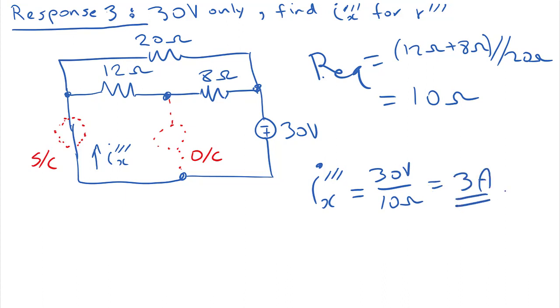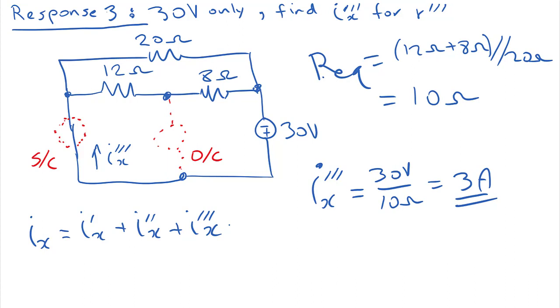Okay, so now when we calculate the total response, so that's going to be Ix, and that's going to be equal to I prime x plus I double prime x plus I triple prime x. So the total response is the sum of all of the responses.